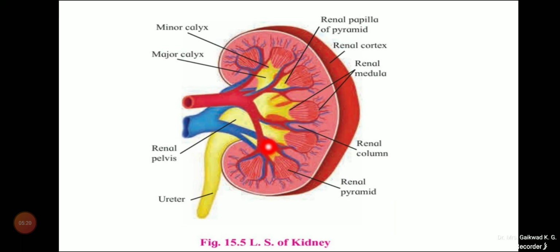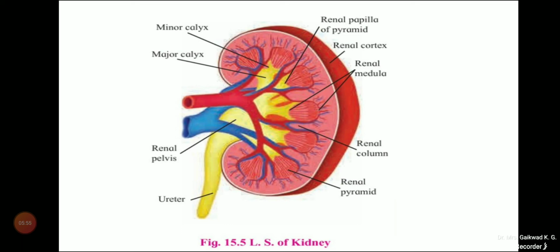The cortex extends into the medulla as the column of Bertini, and again it is called the renal column between the pyramids. The narrow tip of this pyramid is called the renal papilla. This pointed end is called the renal papilla.